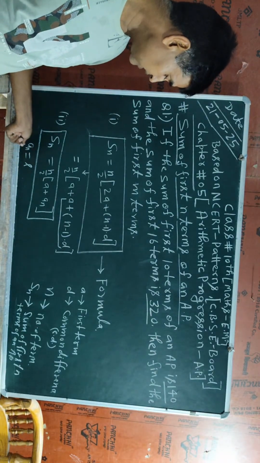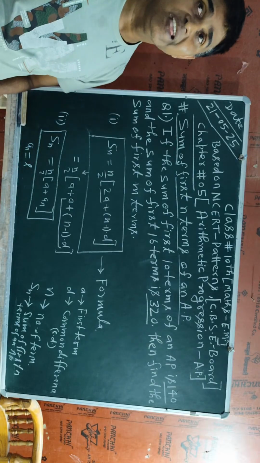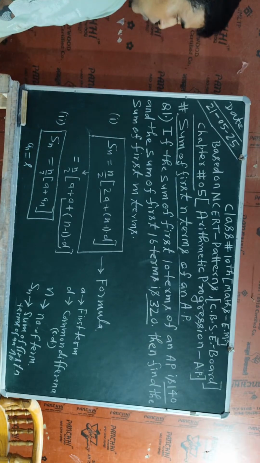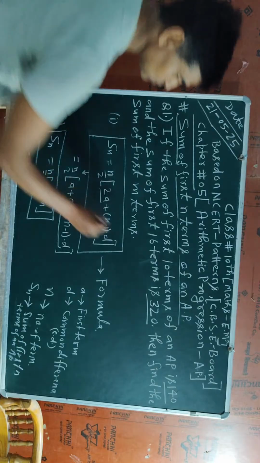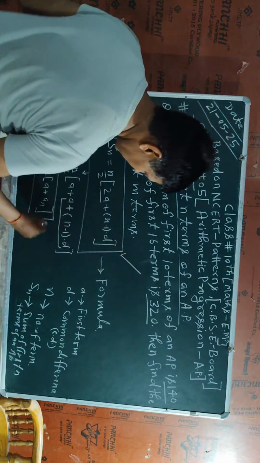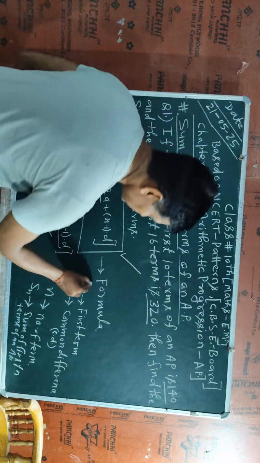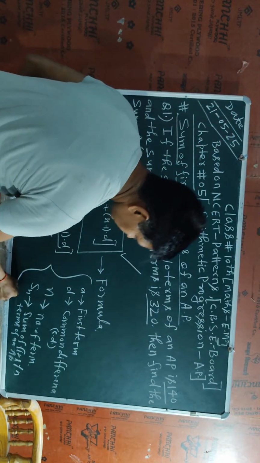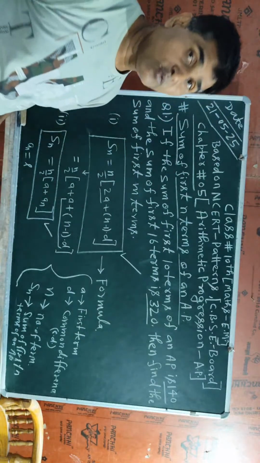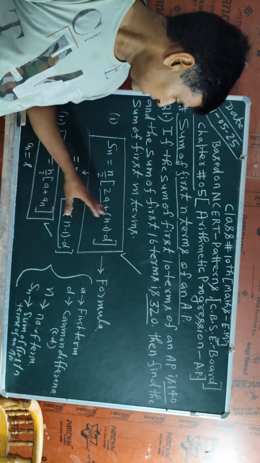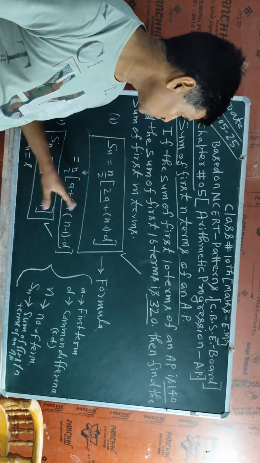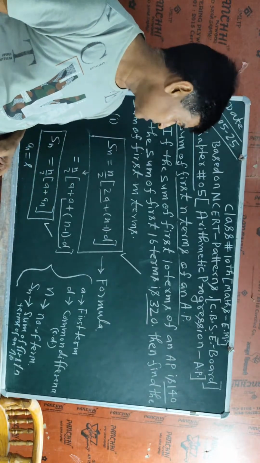So nth term and last term both will be the same. Each student has to remember this formula and its meaning, which I have written here. If you do this very well, with these formulas you can solve any question related to this topic.